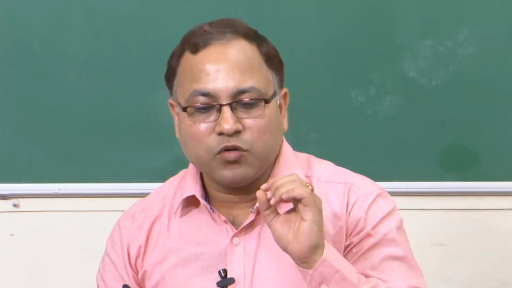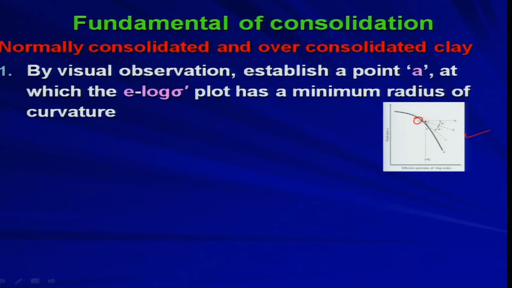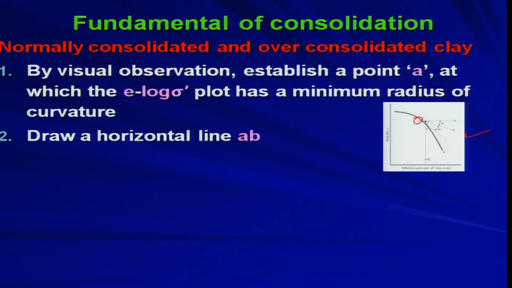Anyway, you find the point where the radius of curvature is minimum in the e-log sigma prime plot. That is point A. In the next step, draw a horizontal line AB.